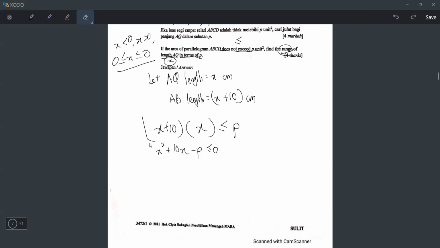So what I can do is use the quadratic formula or the completing the square method to get my x in terms of p. That's the only way. I repeat again, I cannot get my x value here by using the calculator method because I don't know my number here.